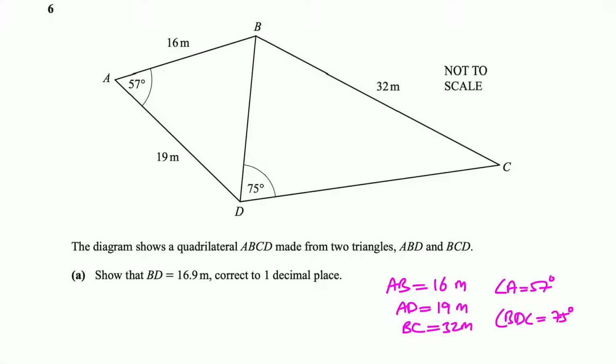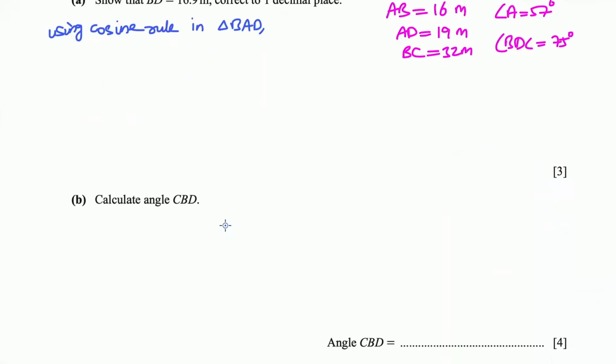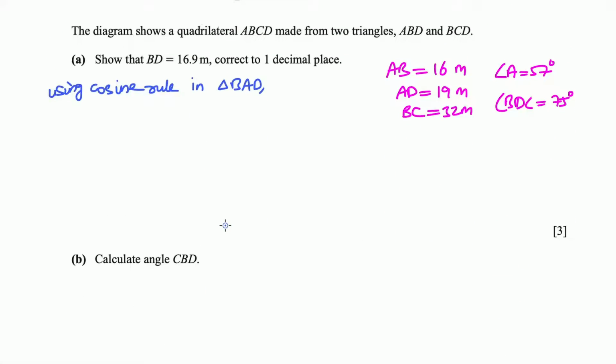Using cosine rule in triangle BAD, BD square will be equal to AD square plus AB square minus 2AD into AB into sine A or cos A. Sorry, this is cos A.